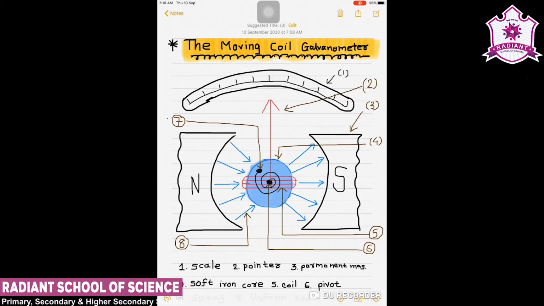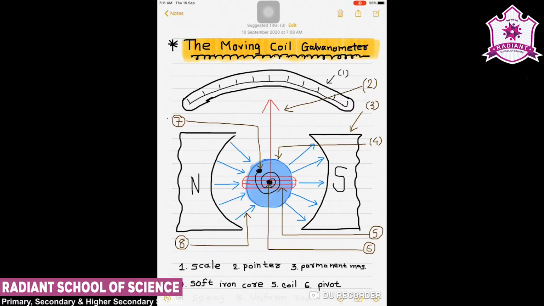Then we want to measure the EMF, voltage and current of the given circuit, and obviously we have to use a galvanometer. So the galvanometer is a very versatile instrument, very useful for this detection purpose.